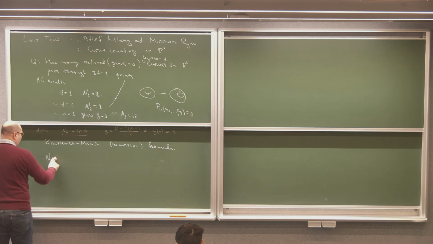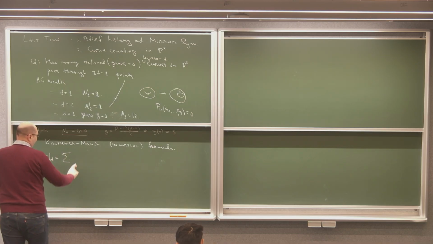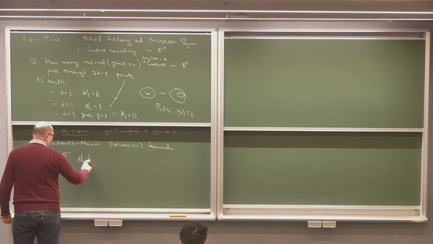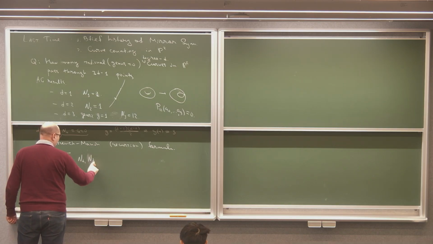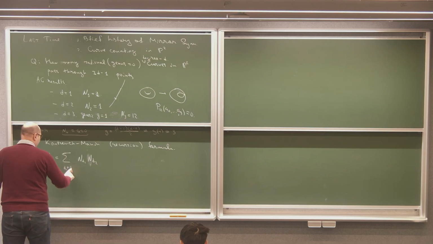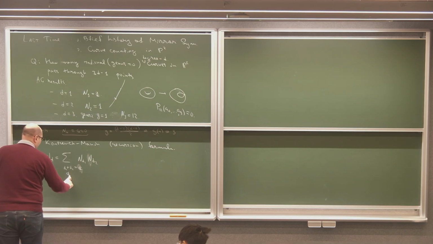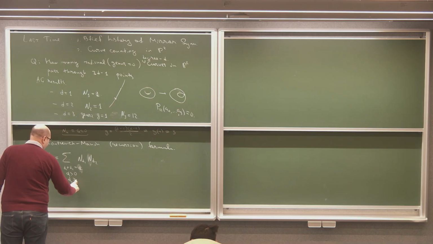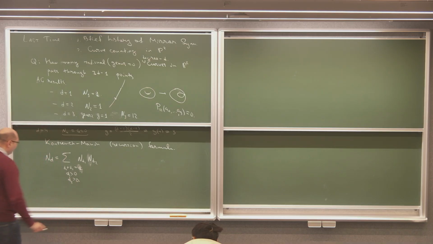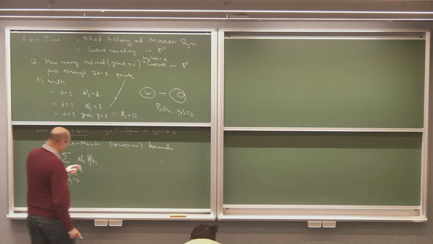It goes like this. N_d is expressed in terms of N_{d1} and N_{d2}, where d1 plus d2 is d, and d1 and d2 are positive.